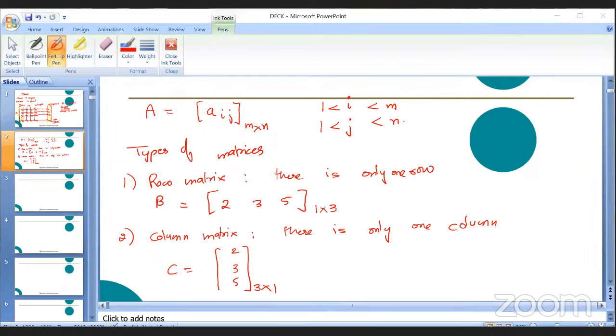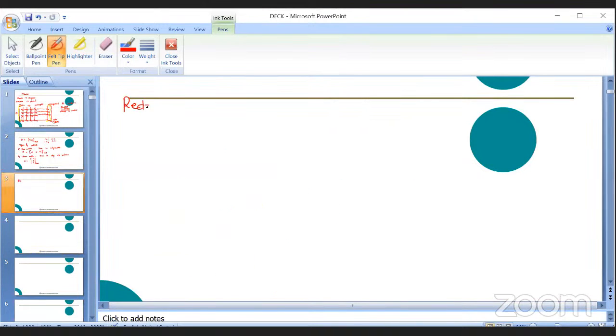The next type of matrix is rectangular matrix. Rectangular matrix means the number of rows will not be equal to the number of columns.